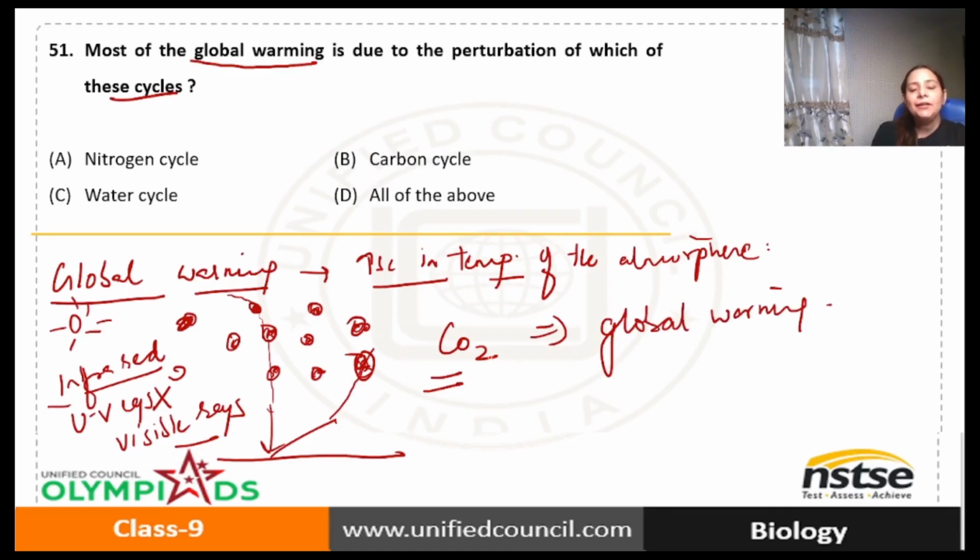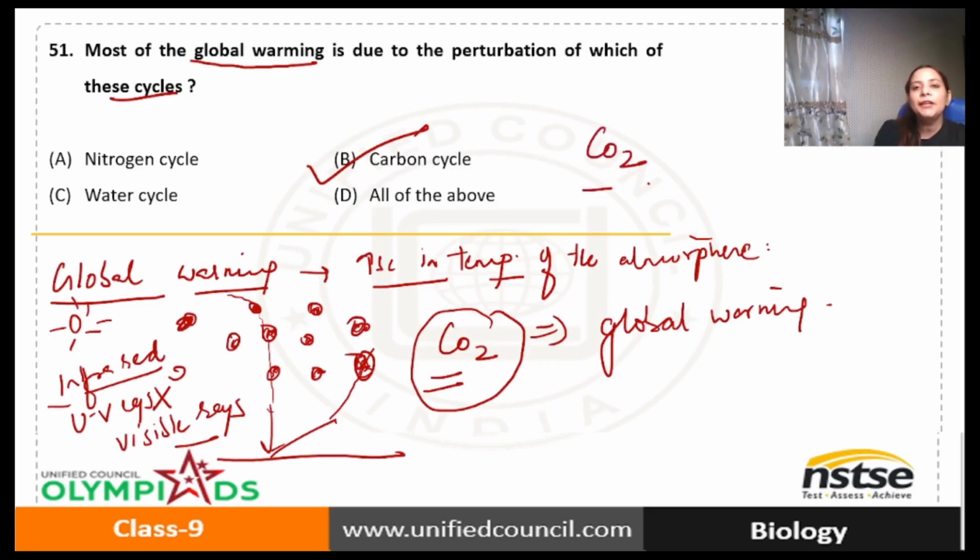Any activity or any cycle which increases the carbon dioxide content in the atmosphere will definitely lead to global warming. So out of these three, the carbon cycle is the one which can be a cause of global warming, because carbon occurs in the atmosphere in the form of carbon dioxide. If the carbon dioxide is not properly regulated, then more carbon dioxide will accumulate in the atmosphere, and it's a greenhouse gas causing global warming.